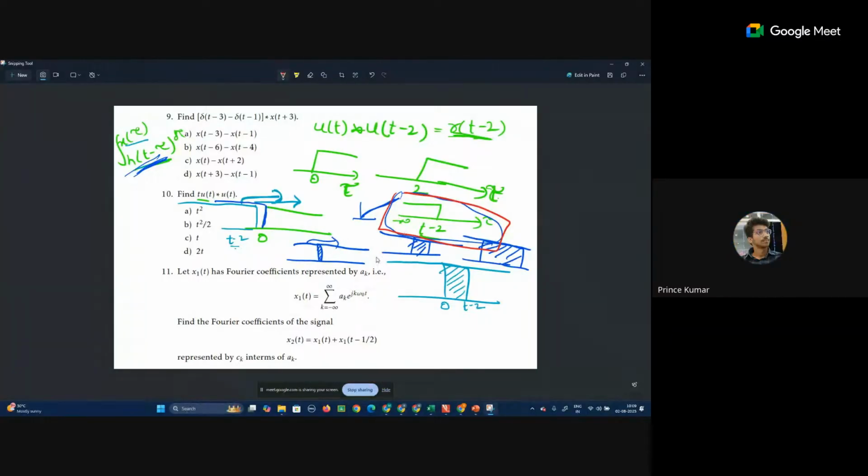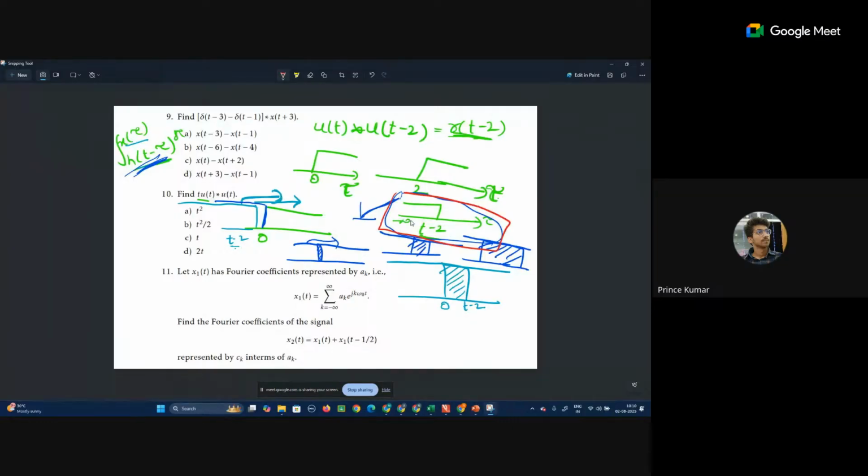In signals, we learn that if we multiply two signals, we just multiply the amplitudes of the two signals, right? For example, if we shift these unit signals, the amplitude is 1 and the other u of t is also 1 for t greater than 2.